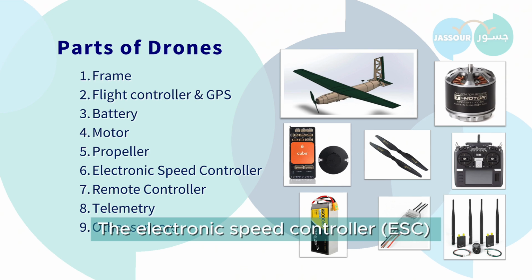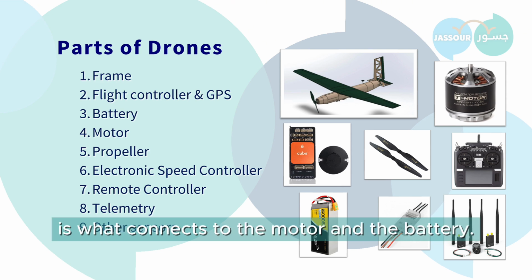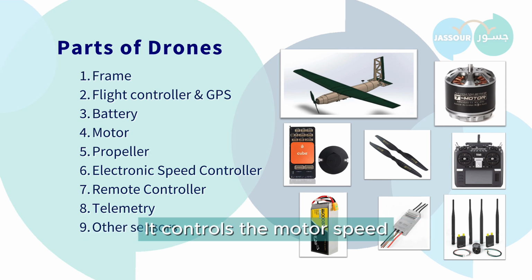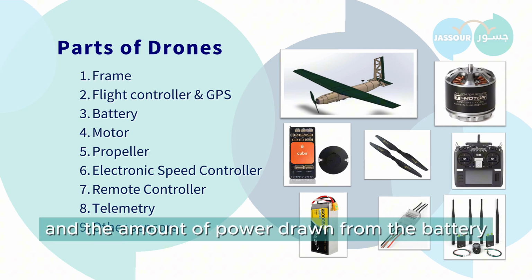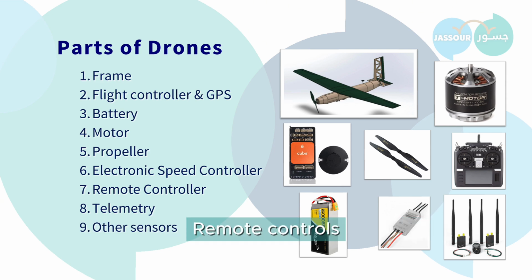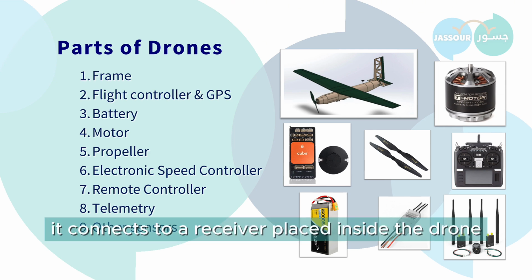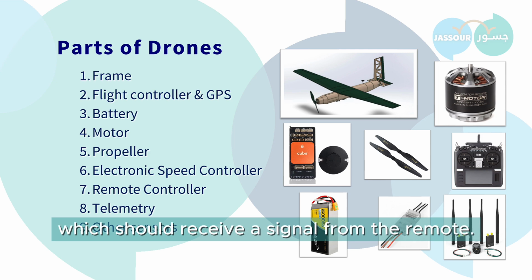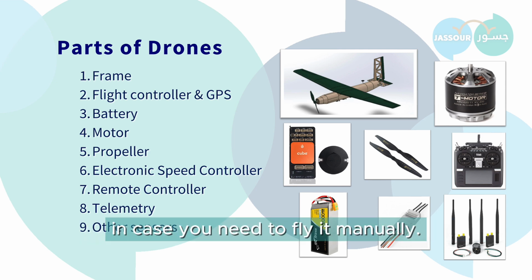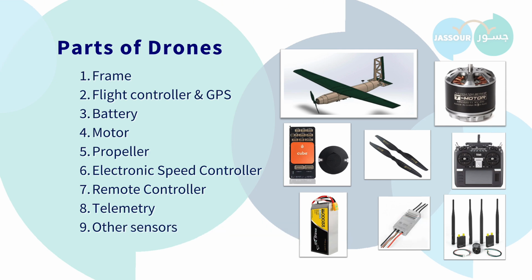The electronic speed controller, ESC, is what connects to the motor and the battery. It controls the motor speed and the amount of power drawn from the battery. The remote control allows you to manually control the drone at any time. It connects to a receiver placed inside the drone, which receives signals from the remote in case you need to fly manually.